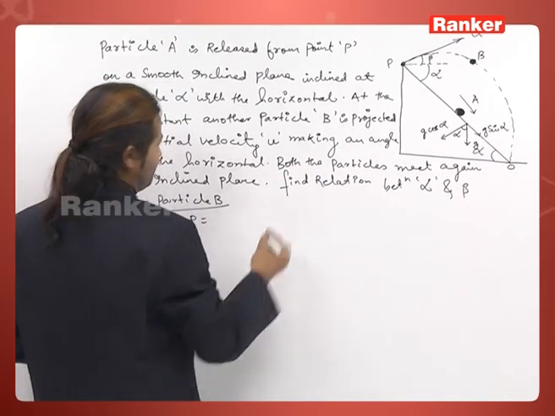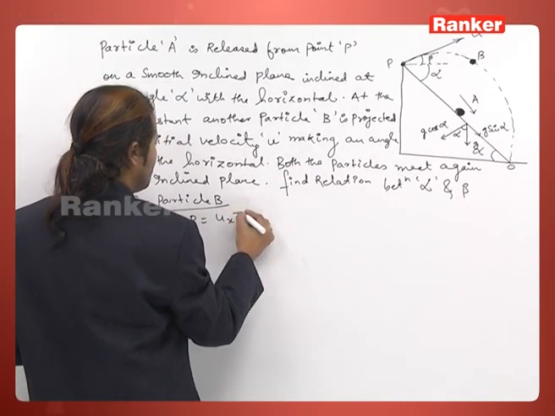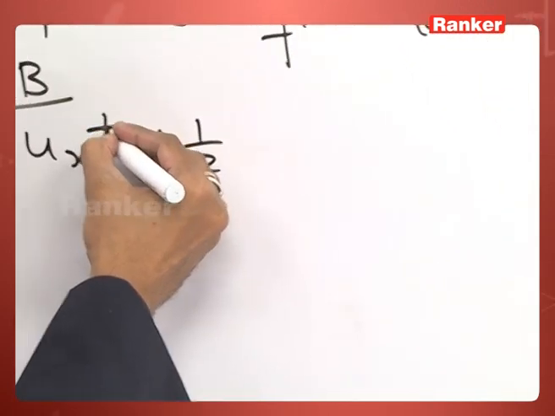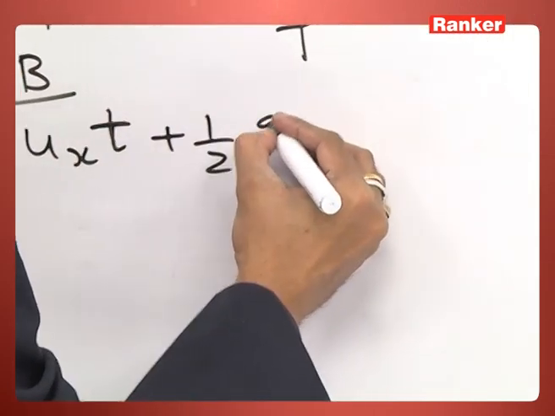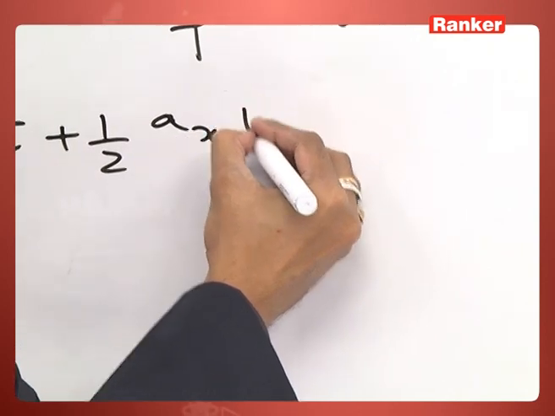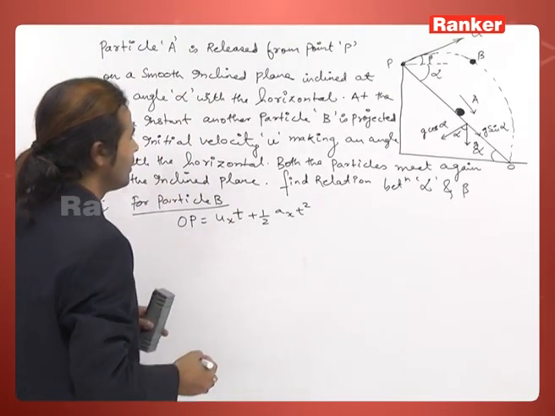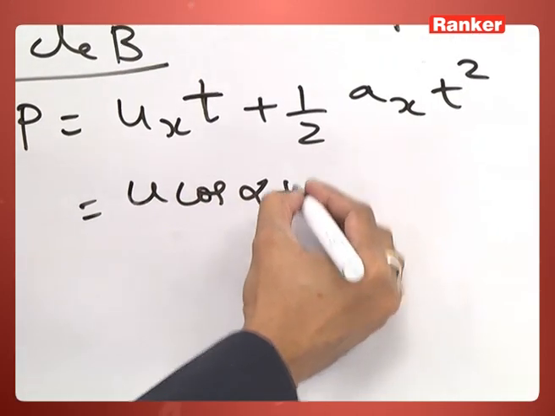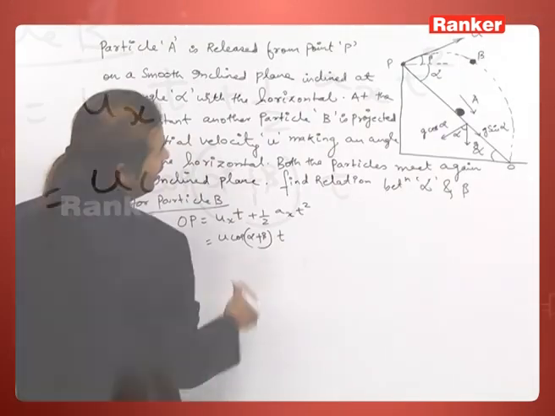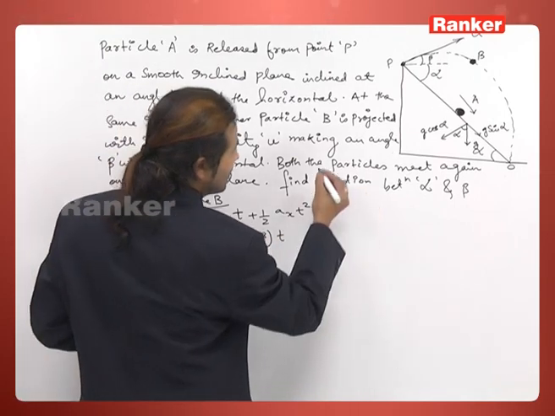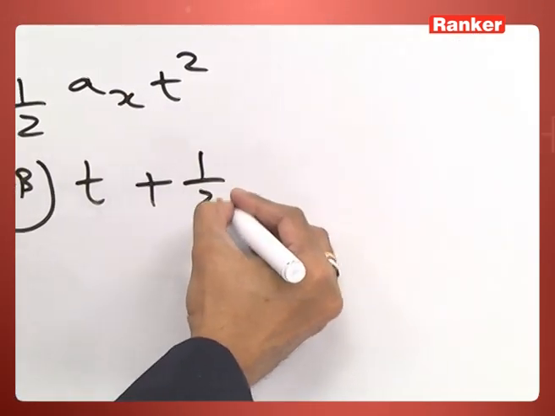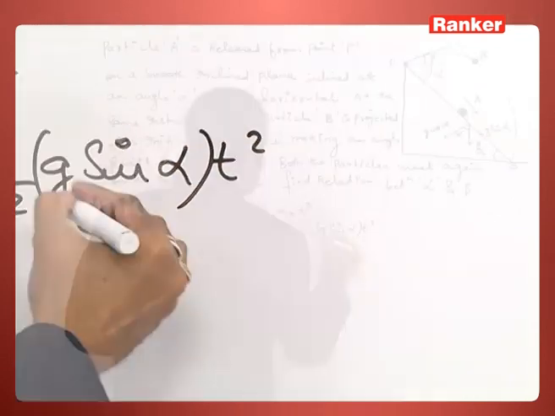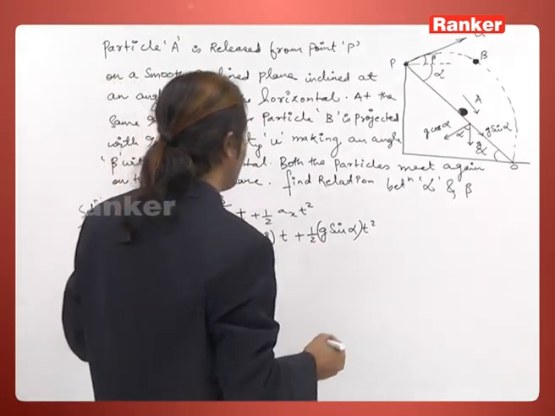OP is ux into t plus half ax into t square. So ux will be u cos(alpha plus beta) into t, and ax supports, so half g sin alpha into t square. Now this is for particle B.